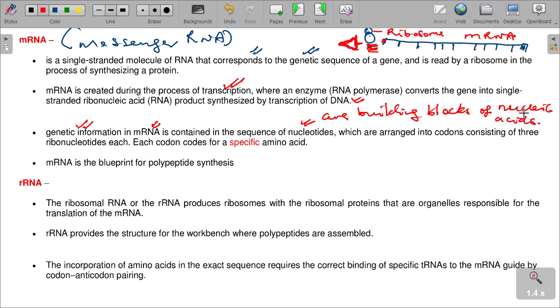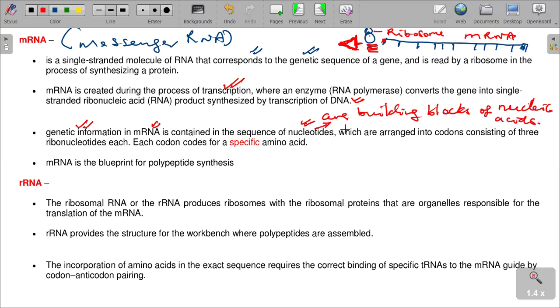When you're talking about nucleic acids, I'm sure you know that I mentioned that nucleotides are the building blocks of nucleic acids, which we are saying are RNA and DNA.